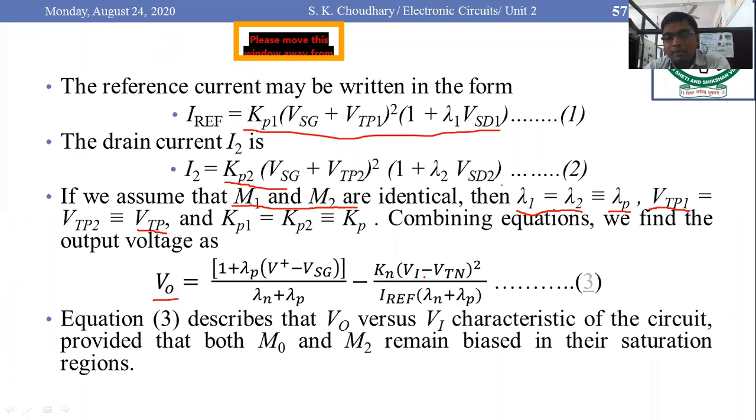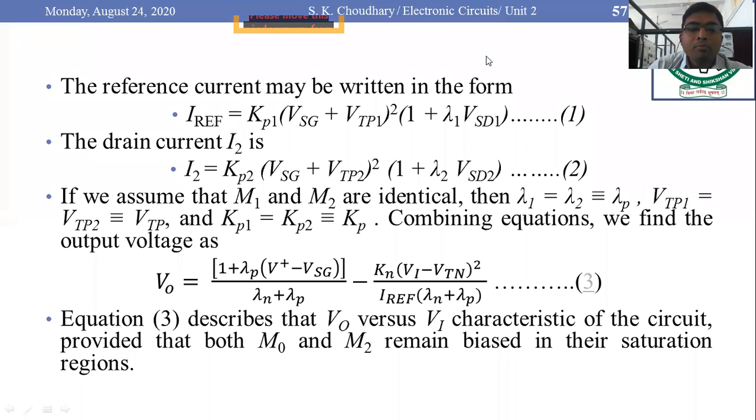Obviously, when we have to establish a relationship between the output voltage and input voltage, it would result. I told you that there is a relationship established with the help of equation number 3 between V0 and Vi.